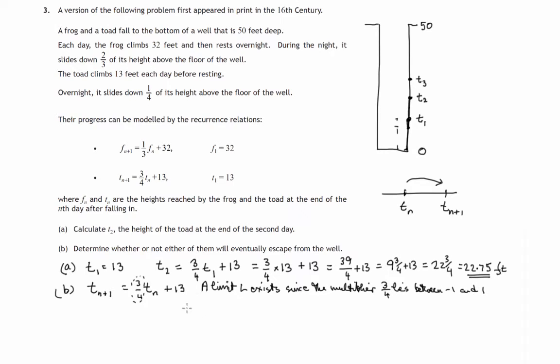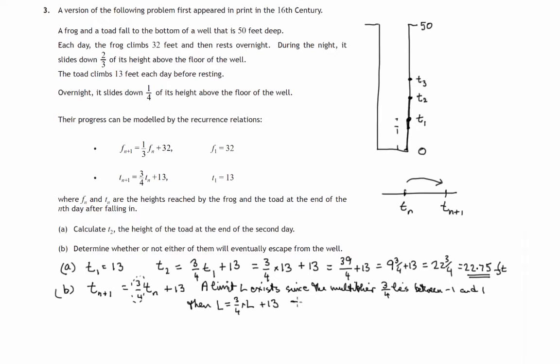So if that's the case, then if we've reached that limit and we take 3/4 of it and add 13, we will get exactly the same height again. That's what a limit means, that you do the calculations in this recurrence relation and then nothing changes.